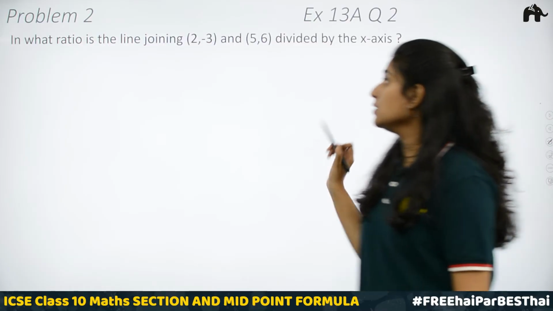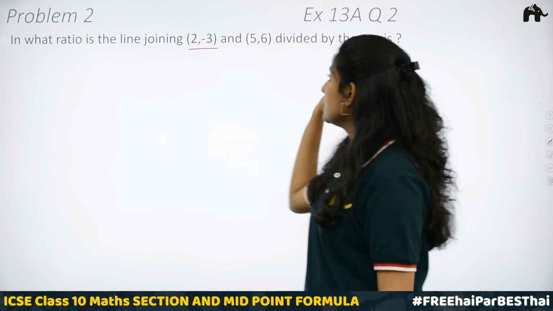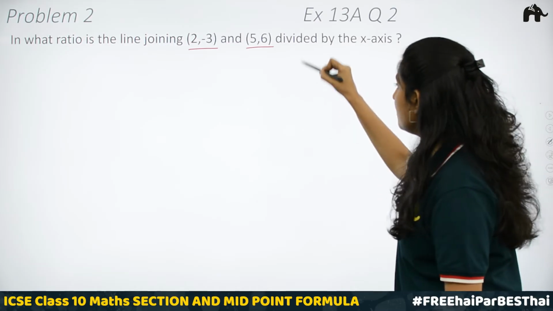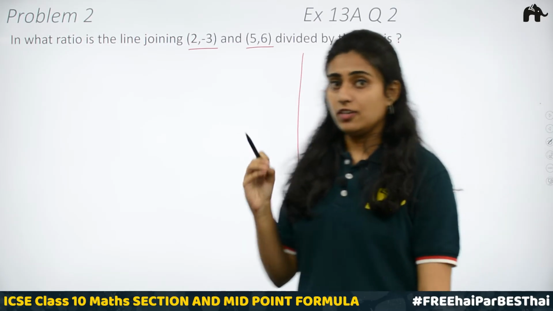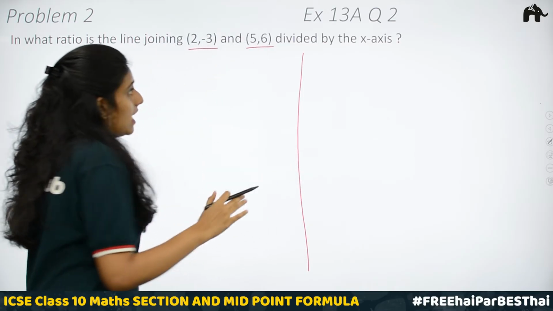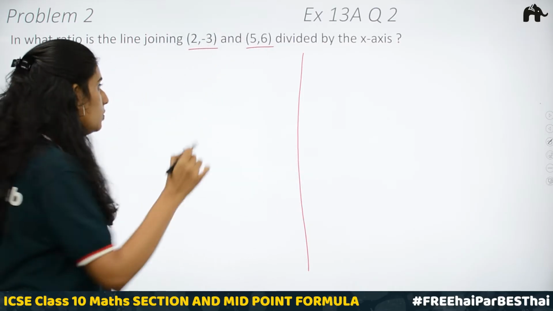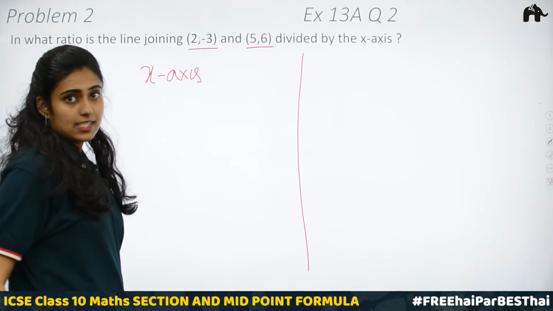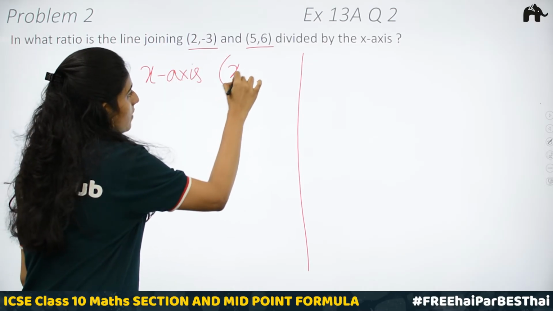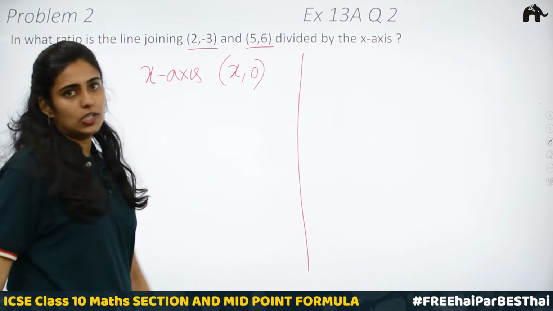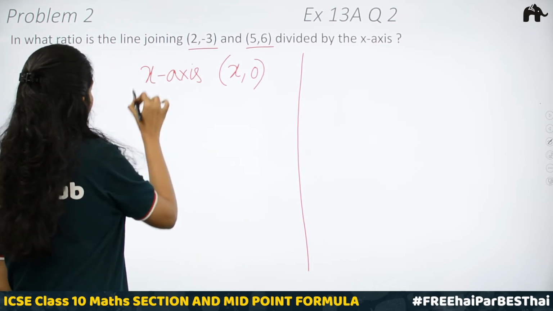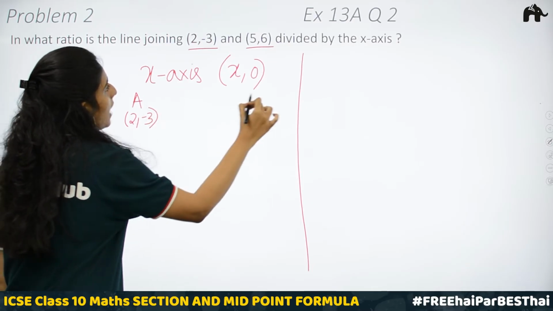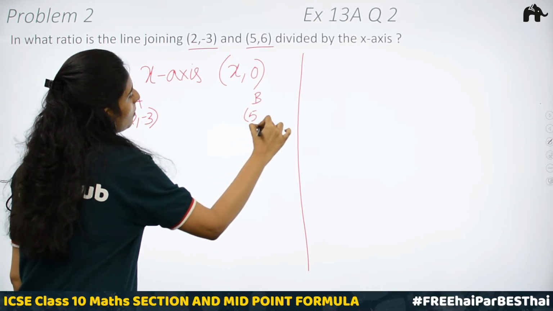In what ratio is the line joining 2, 3 and 5 comma 6 divided by the x-axis? Divided by x-axis. We know on the x-axis y coordinate will be equal to 0. For any point that belongs to the x-axis will be having an x value but y value will be equal to 0. Here we have point A 2 comma 3 and point B 5 comma 6.